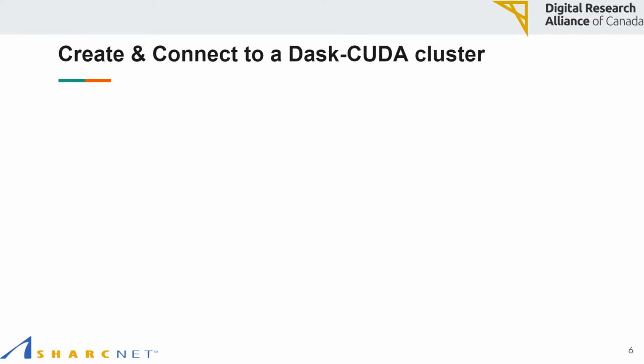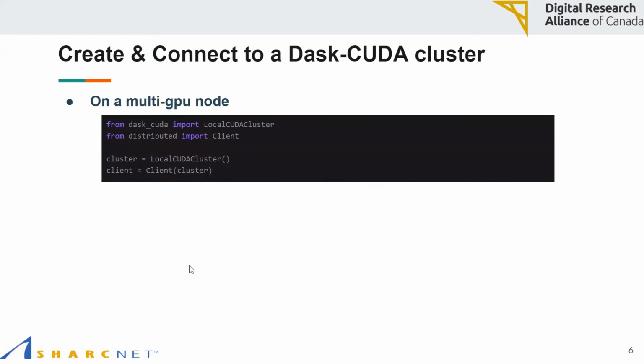Here is a code block showing how to create a local CUDA cluster to work with multiple GPUs on a GPU node, and how to create a client to connect to this cluster.